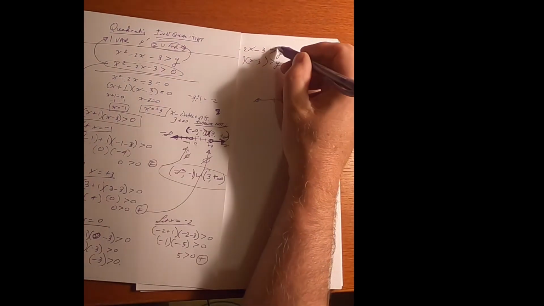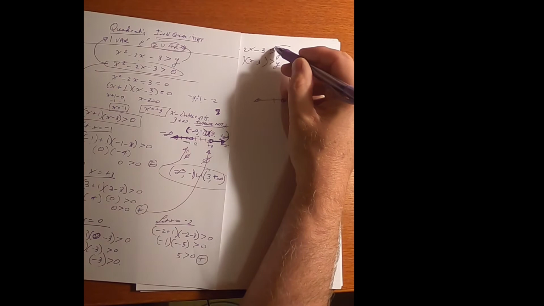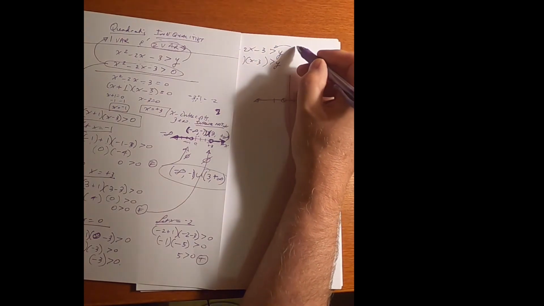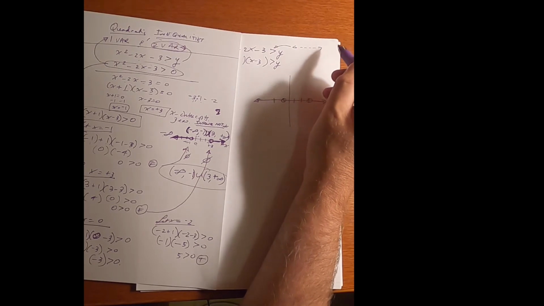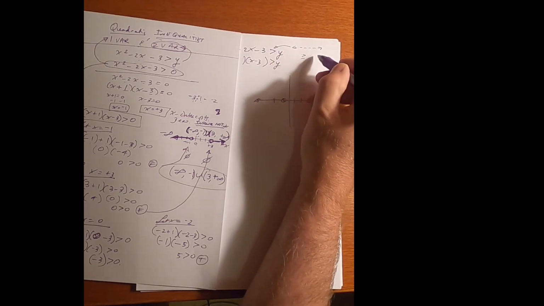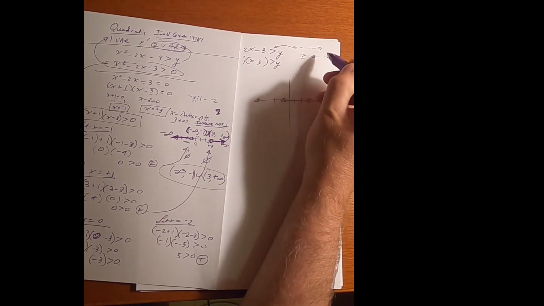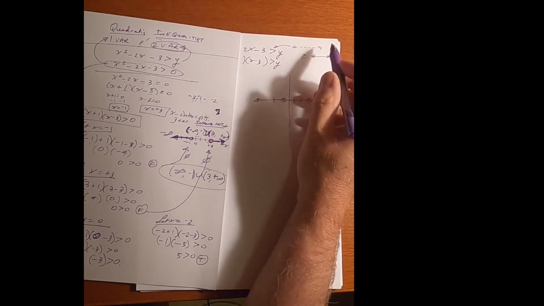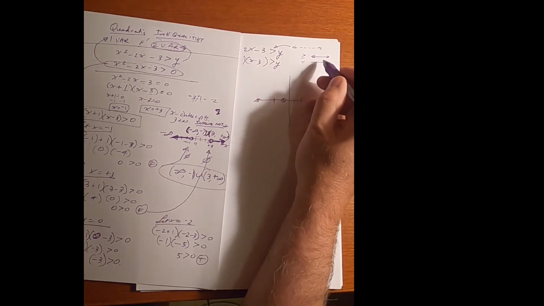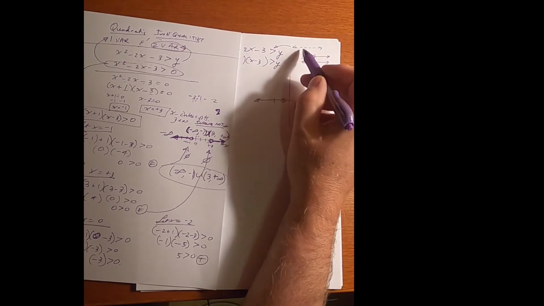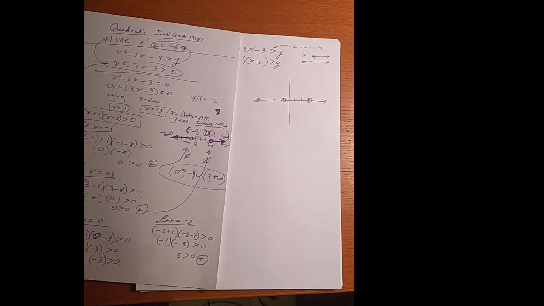Okay, so typically when you see greater than or less than, you're going to draw dotted lines for your graph, okay? Whatever the graph is. If you had a greater than or equal to, you would draw a solid line, okay? You're not drawing solid lines, you're drawing dotted lines in this case, okay?